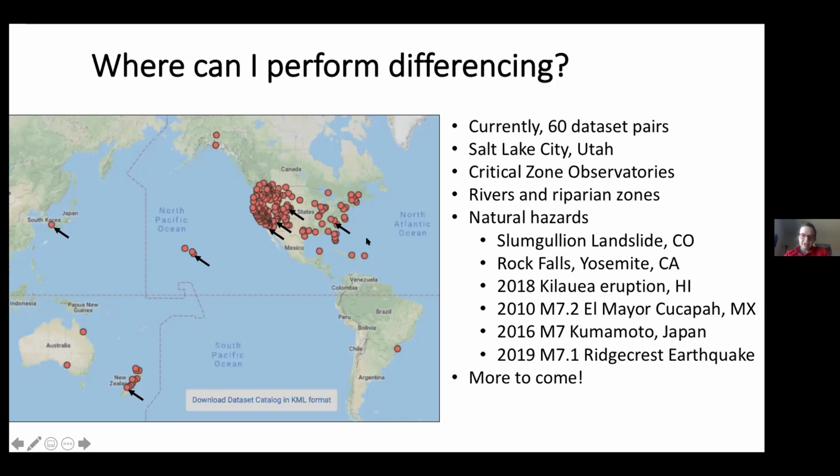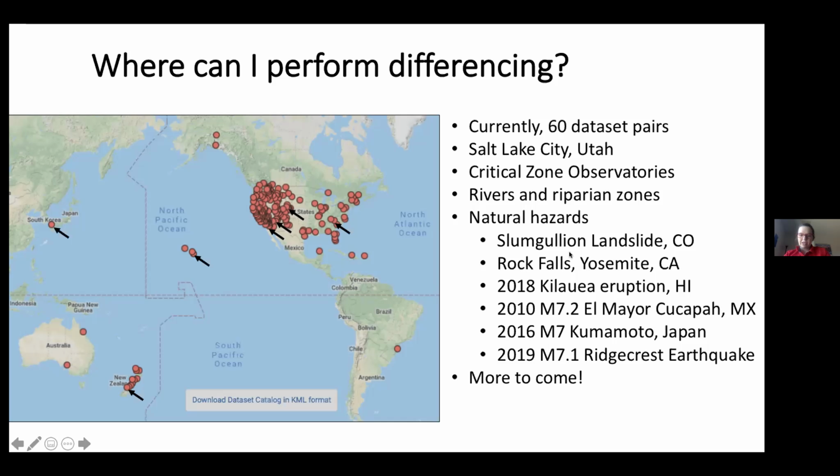So here I've highlighted a few examples, to include Salt Lake City, which shows a lot of very interesting examples of anthropogenic change to an urban landscape. We have topographic differencing implemented on a number of critical zone observatories, and also on many rivers and riparian zones.